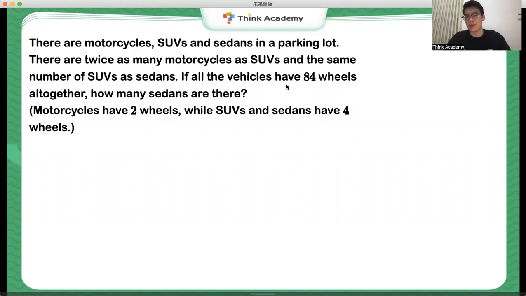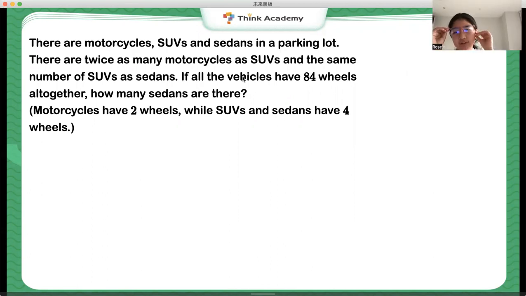Read the question carefully. Twice as many motorcycles as SUVs. Do you think that's going to be less motorcycles than SUVs? Come on. Either SUVs or sedans. Yeah, that's right. Either.